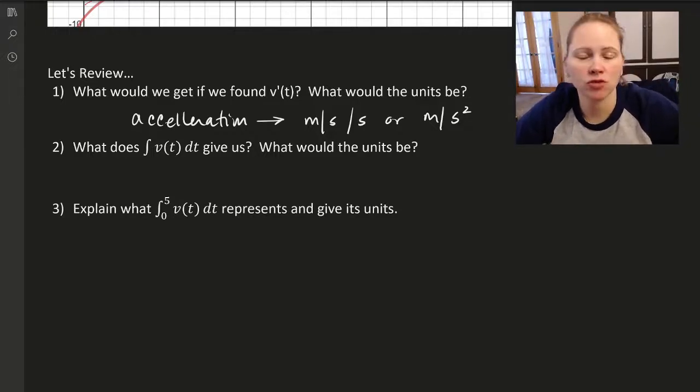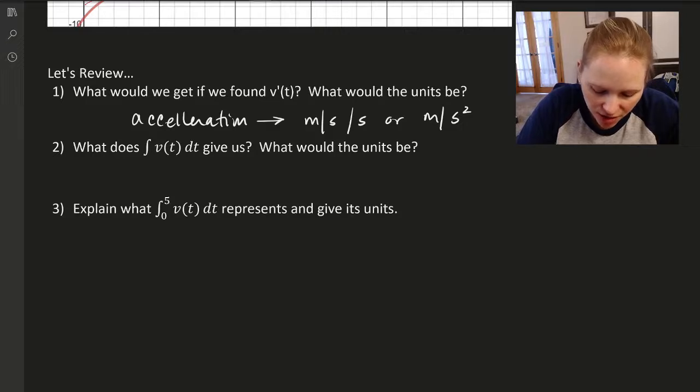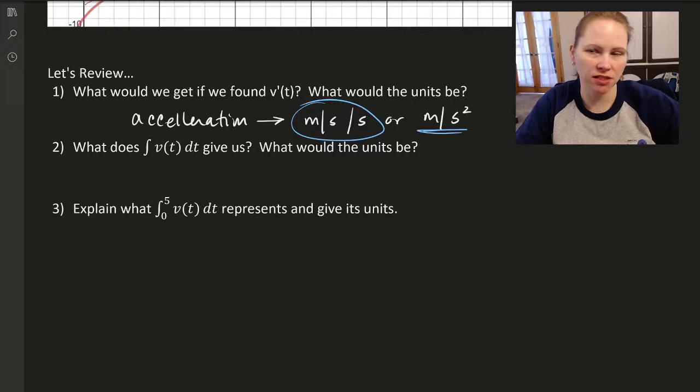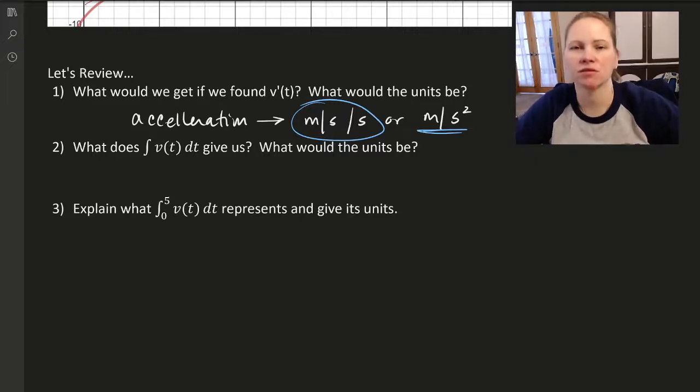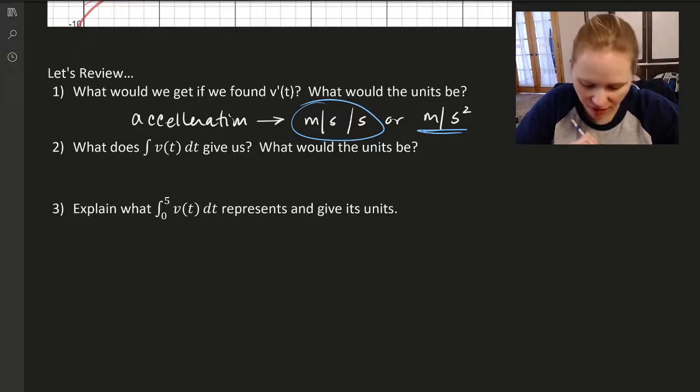Not every situation where you're finding an acceleration or a rate of change can be written this way, so writing it this way is always good. But when it's strictly acceleration, you can write it as meters per second squared. It's not always going to be that easy if it's not velocity.